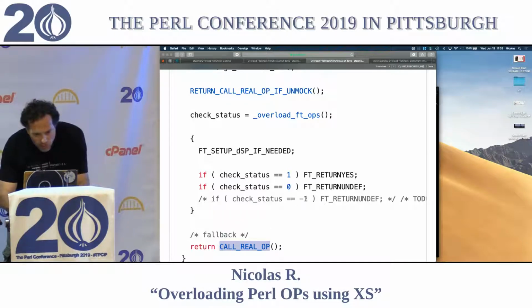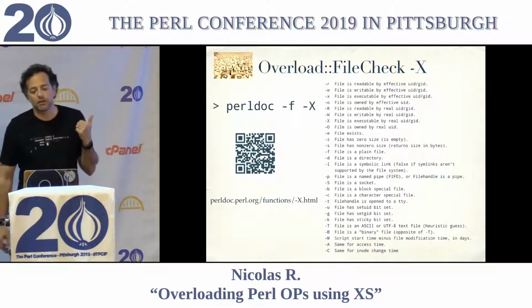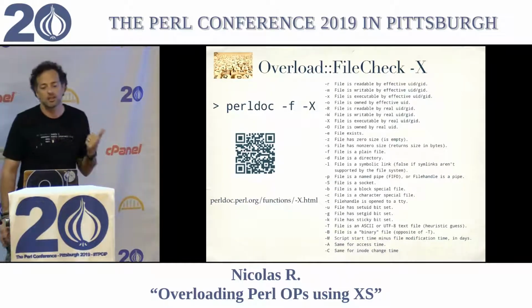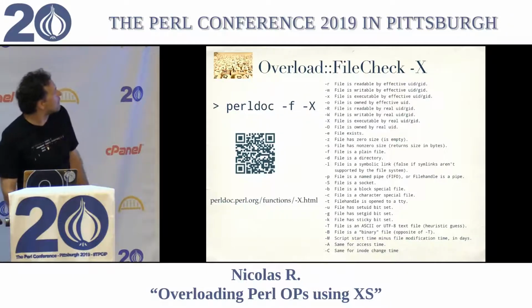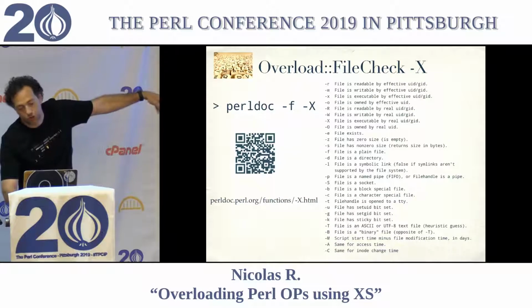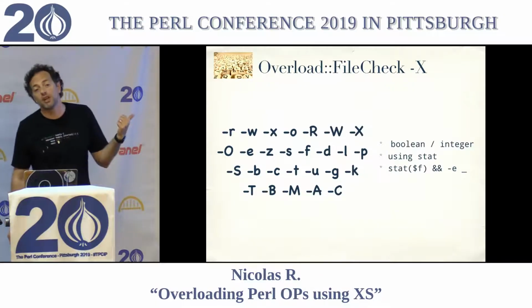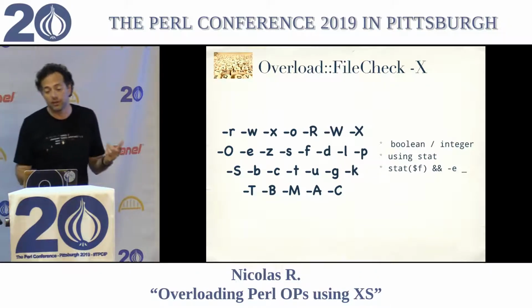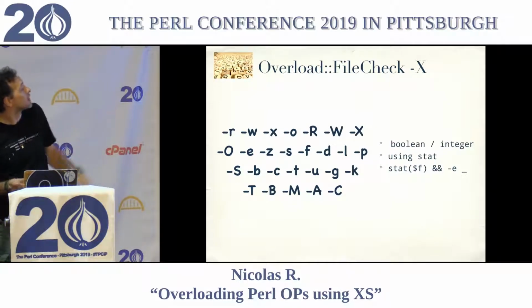So now, how would this look like? We need to continue. Because we don't have only -e, we have many other dashes defined by Perl. They are all there. You can just run perldoc, you will have all of them. But some of them are returning a boolean or an integer value, others are using stat, and some other are returning something else. They are not consistent.